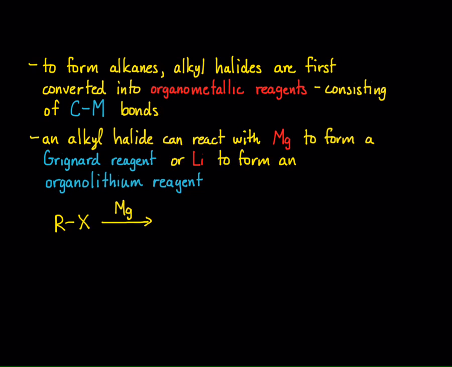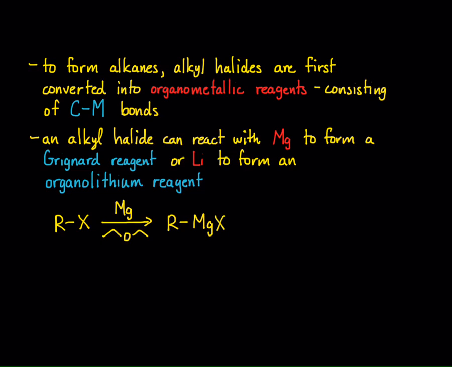So how do you make a Grignard reagent? Well, you simply take an alkyl halide and you react it with magnesium. The solvent that's used is diethyl ether, and the conditions have to be very dry for this reaction to take place, and I'll talk about why that is in just a little bit. But you get this complex right here, RMgX. Now this is a salt.